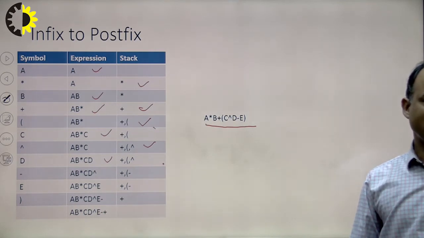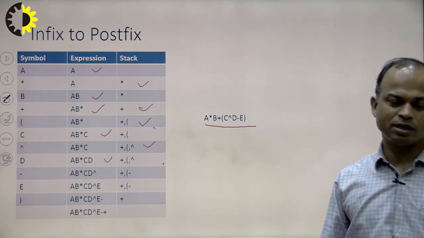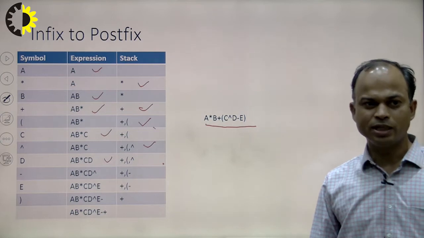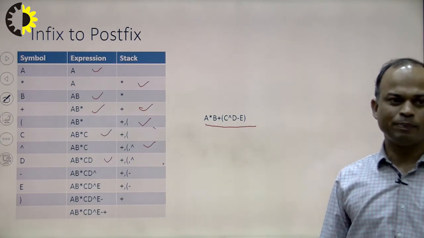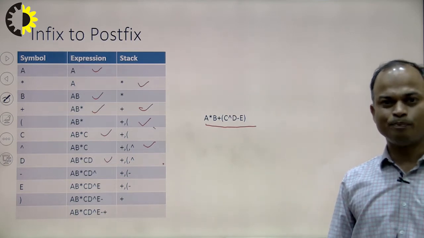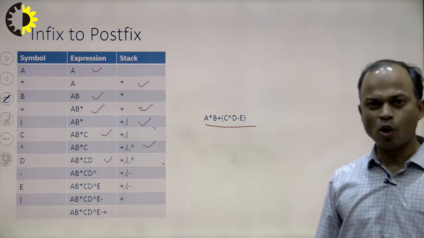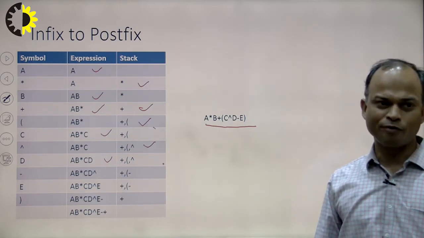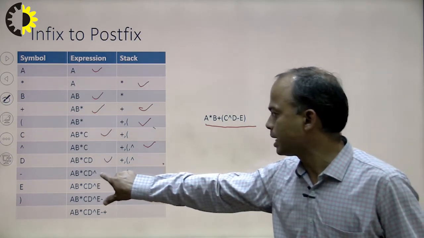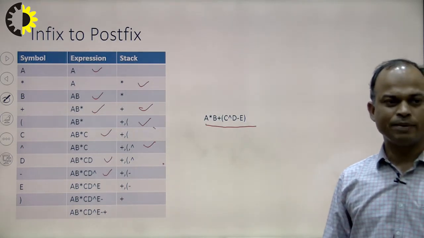After the D character, we have the next symbol, minus, and minus is an operator. Therefore, this minus should be pushed onto the stack, but we are observing that power is already available on the stack. Therefore, all higher priority operators are popped from the stack, and we have popped power from the stack, and our expression becomes AB multiply CD power.